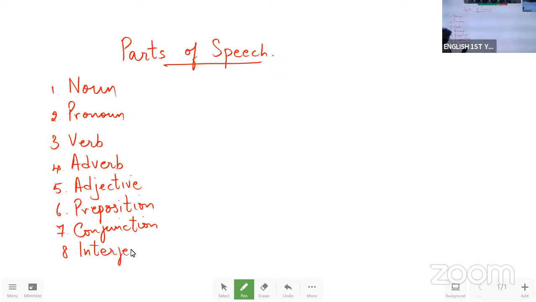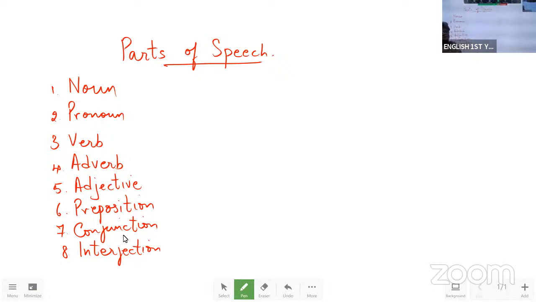These are the 8 parts of speech which form the base of your grammar. If you know this, it is very easy for you to formulate the words.